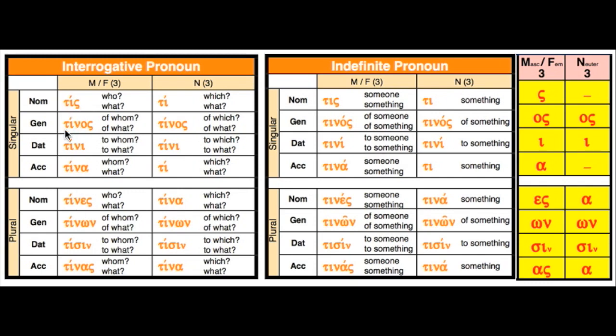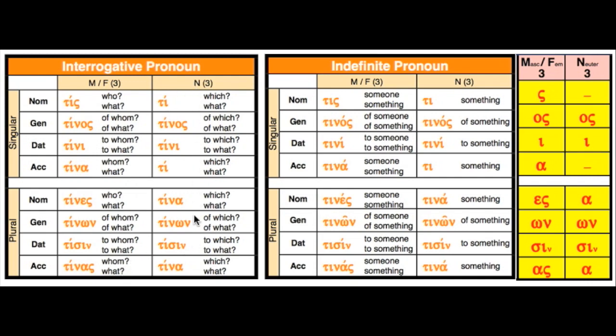So tis, tenos, tini, tina, tines, tinon, tisi, tinas. And you can see what the English translations are doing. And as usual, we're used to this. The English forms don't change much. A little bit, but not much. Just take a look at that.